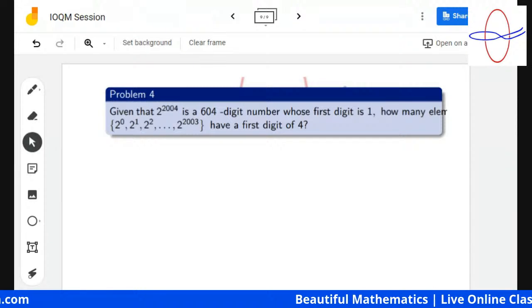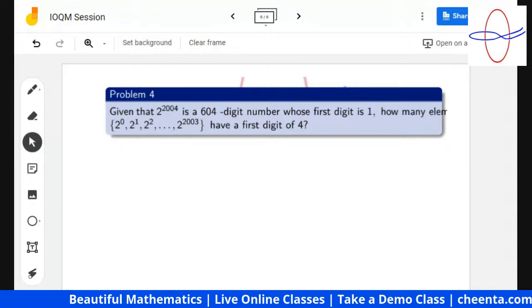Please solve it. I have muted myself because of a lot of background noise. So that's the idea. Think about it, guys.